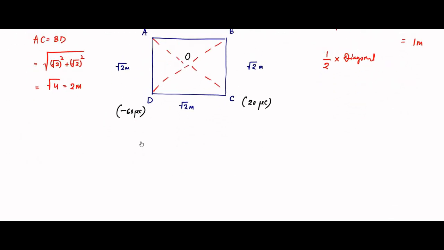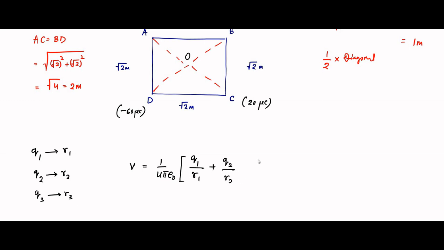So now we know that the working formula here is that the electric potential due to multiple charges located at different distances from a certain point where we have to calculate the electric potential is given by 1 by 4 pi epsilon 0, which is common, then Q1 by R1 plus Q2 by R2 plus Q3 by R3, and this goes on for as many charges which are present, the nth charge and its distance from the particular point.